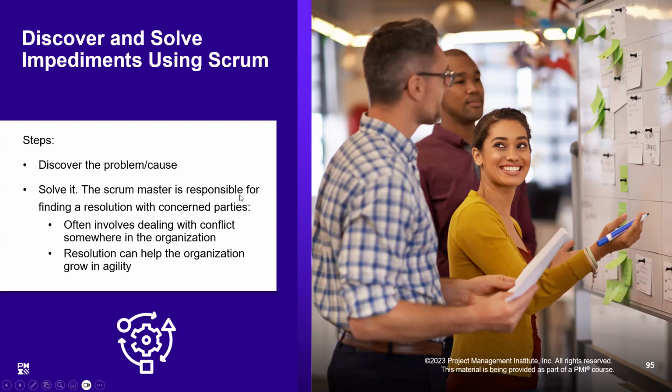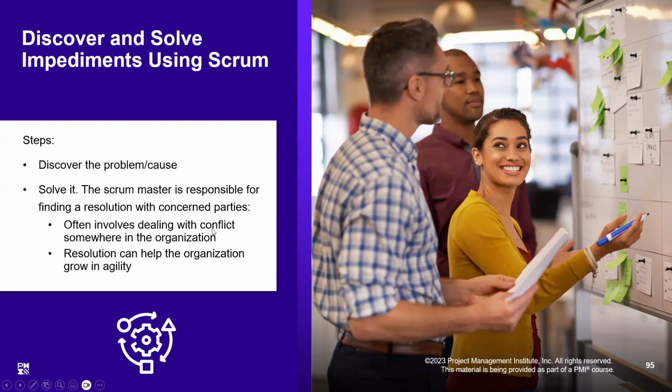The Scrum Master is responsible for finding a resolution with the concerned parties. The concerned parties are not the team members. They are outside parties like stakeholders, other people, other project teams and things like that. So he has to coordinate with all of them so that his agile project issues can be addressed.